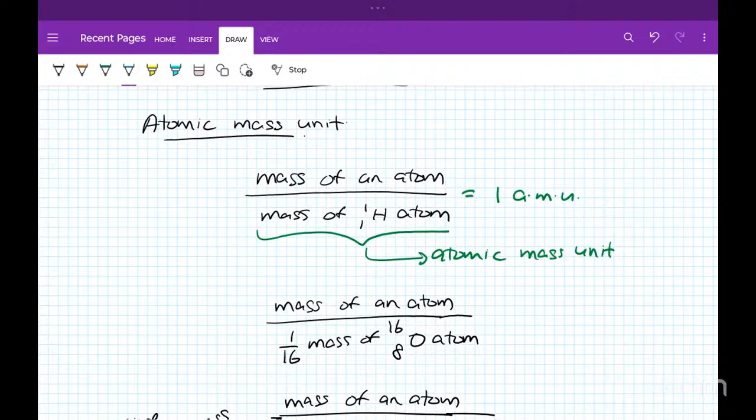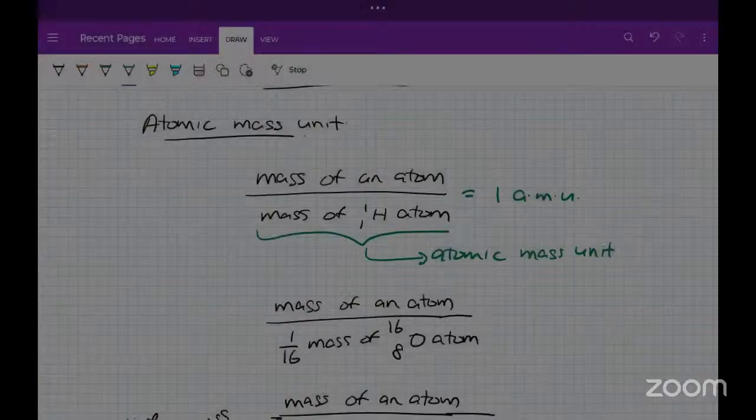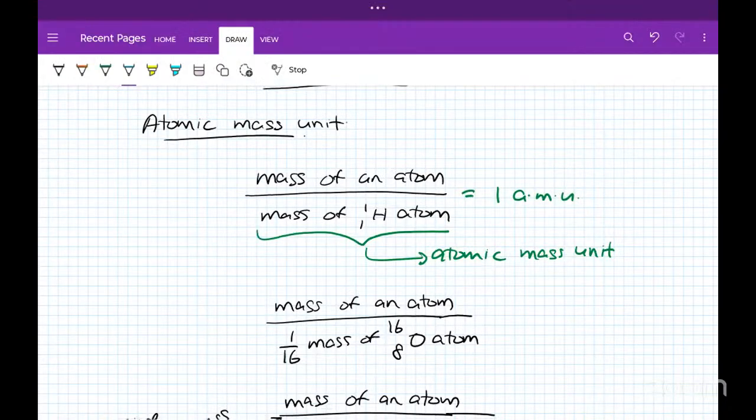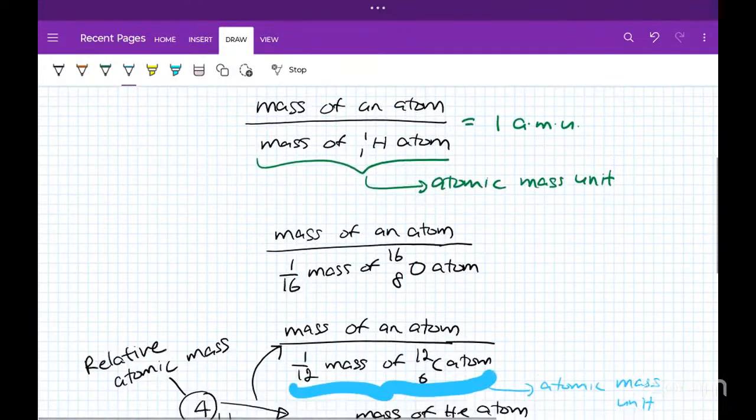Therefore, people wanted to use a relative method for the atomic mass calculation.